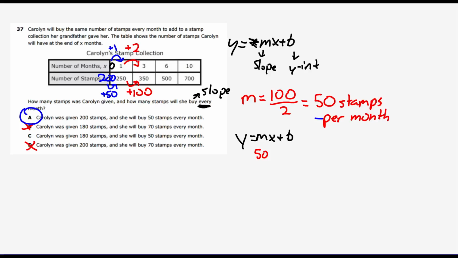So if we pick some value of x, let's say 10. 10 is a nice number to work with. So 50 times 10 should equal 700. But 50 times 10 is 500. So what would we need to add to 500 to get to 700? And you guessed it, it's 200.